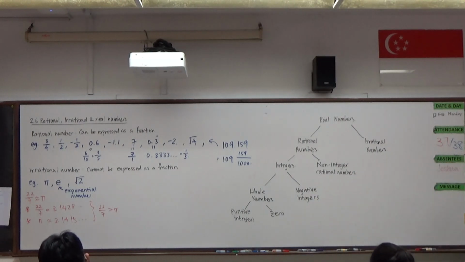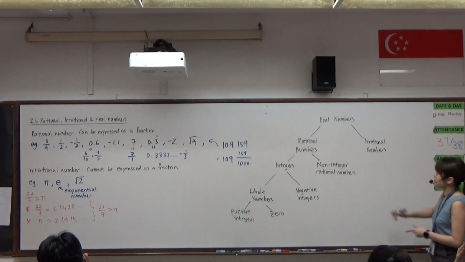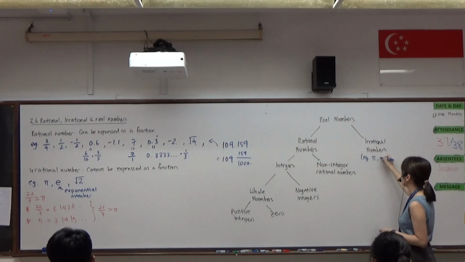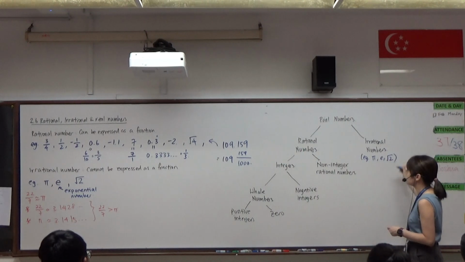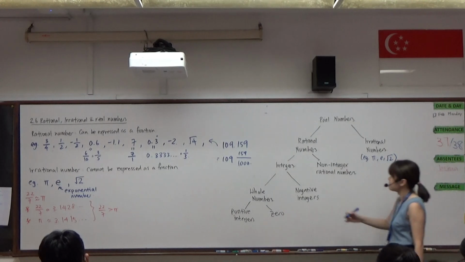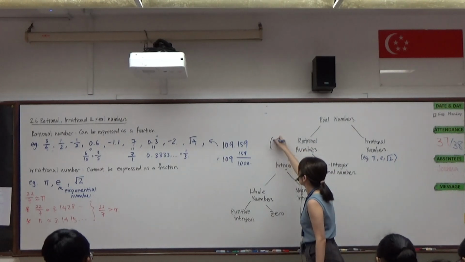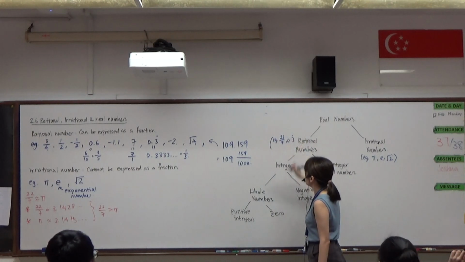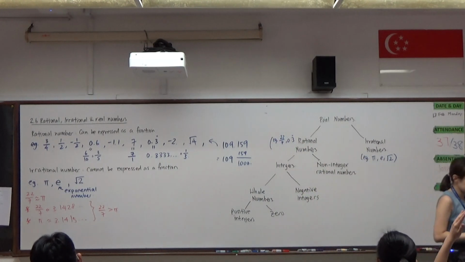So if I want to give some examples for irrational numbers, we already had some just now. We have pi, e, square root 2. Rational numbers, we have 22/7. We have our decimals, recurring or non-recurring.